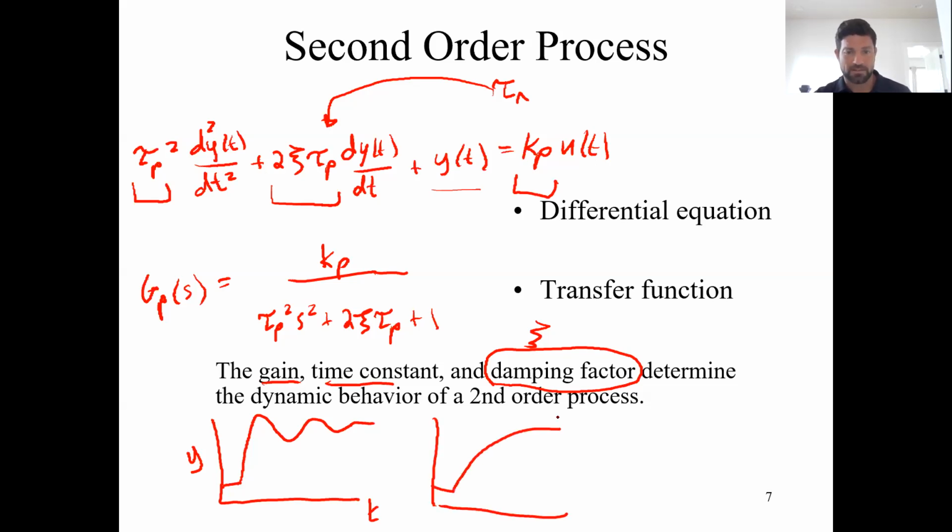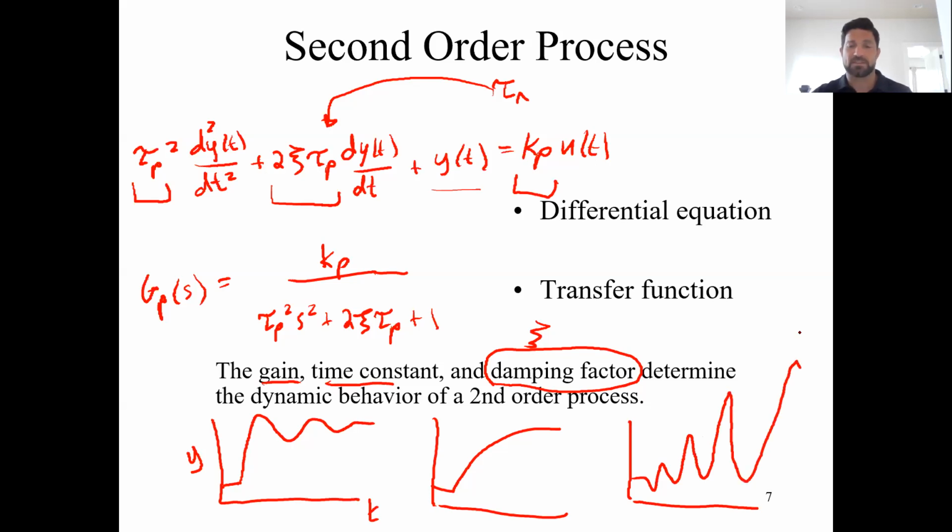Or a second order process could look like this. And really it all depends on what the value of this term is. I should say also, the second order process can also look like this. Second order process can also look like this with kind of growing oscillations.